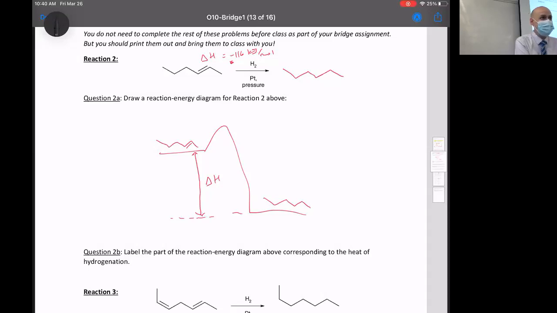If you had two alkenes, what would you expect to see? If one alkene goes down this much, what about two alkenes? Yeah, it would start higher, right? And five alkenes in a molecule would start off even higher, right? So the more alkenes, you're adding more and more potential energy. Everybody good on that? Okay.